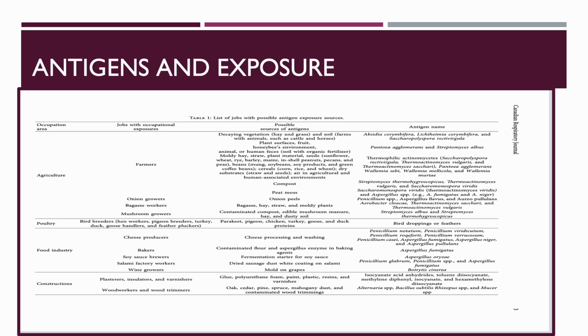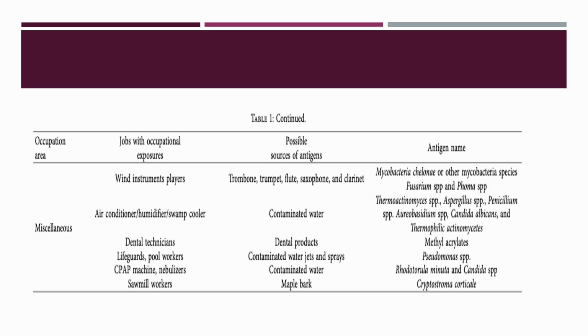And if we talk about overall occupation, farming is the second most common occupation because there's such a vast spectrum of how a person can get exposed to workplace antigens because of the vegetation, because of the organic waste, and because of common sources like bacterial and fungal antigens. Let's look at this list of miscellaneous, which includes wind instrument players like trombone, trumpet, and flute, because there could be atypical mycobacteria or Fusarium or Thermoactinomyces or Aspergillus.